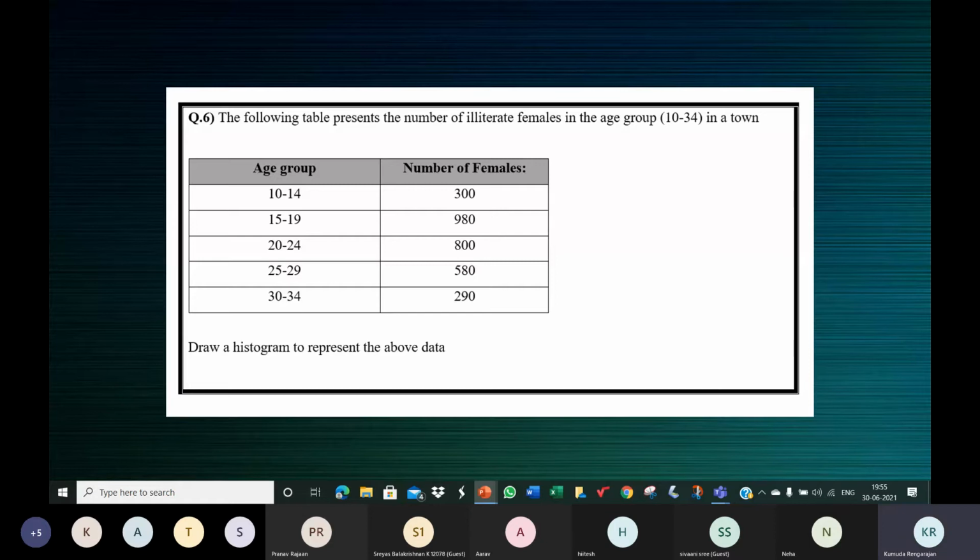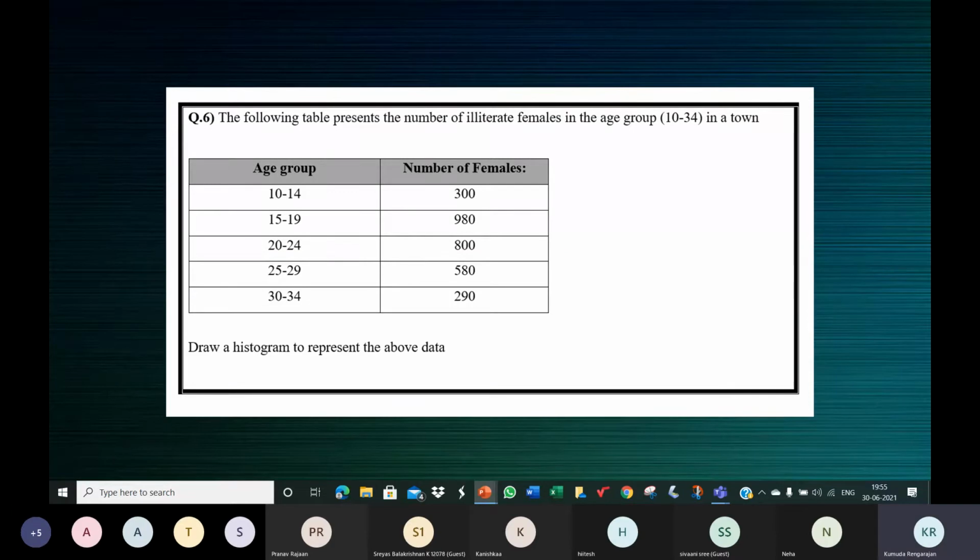Are the class intervals continuous, children? No, ma'am. They are not continuous because 10 to 14 is the upper limit, but we don't continue with 14. 15 to 19. It's not 19 to something, it's 20 to 24. So you can see there's a break, it's not continuous.